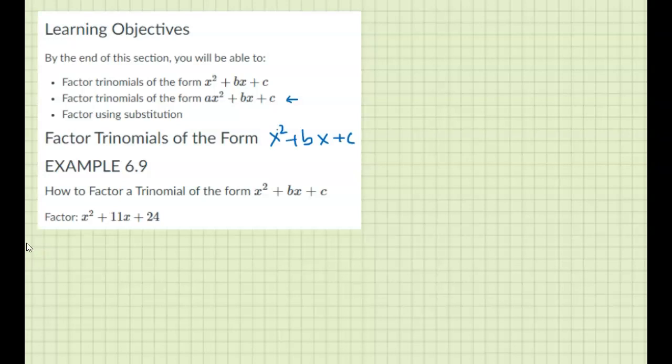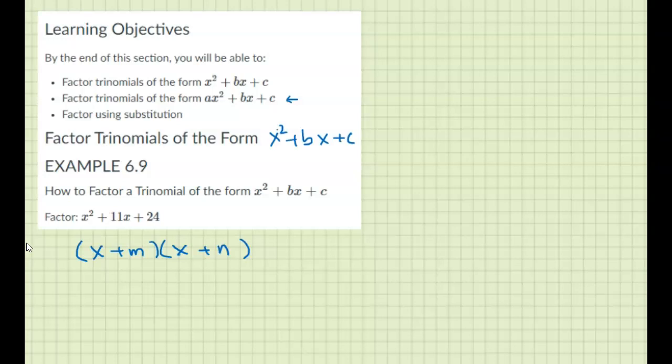We want to factor x squared plus 11x plus 24, right? So this comes from multiplying two parentheses of this form, x plus m and x plus n, where m and n could be any numbers.